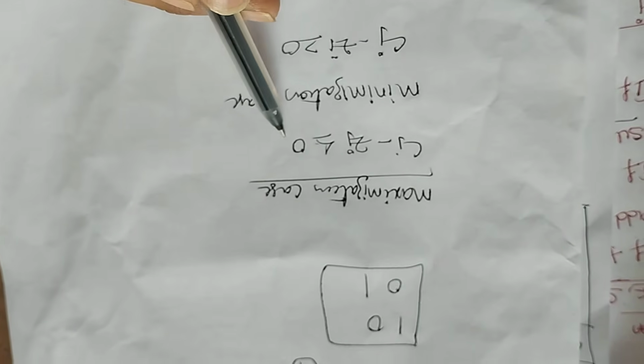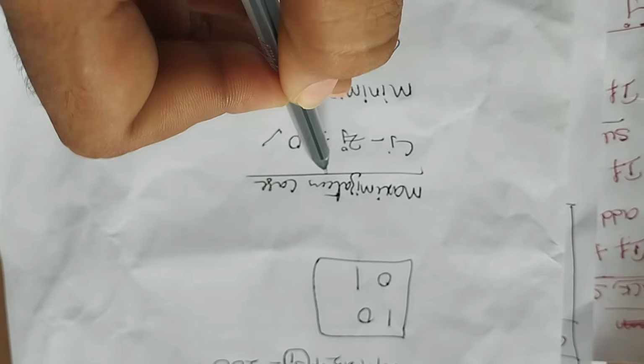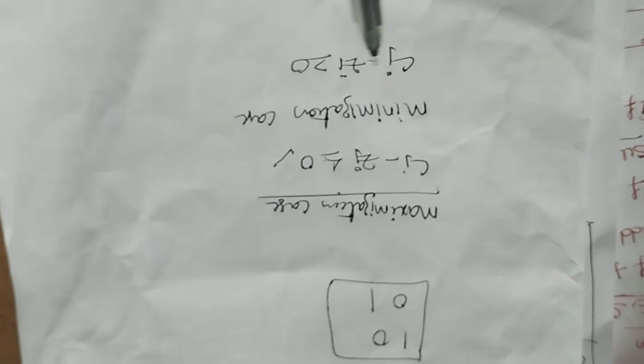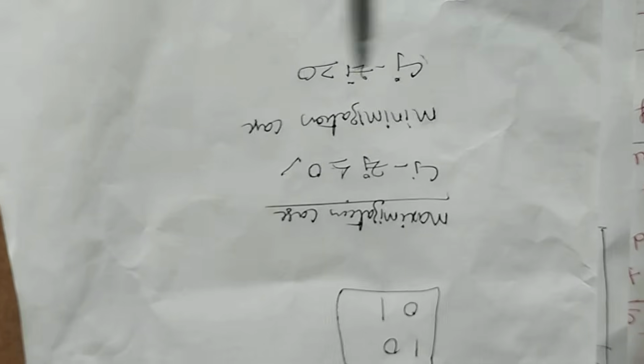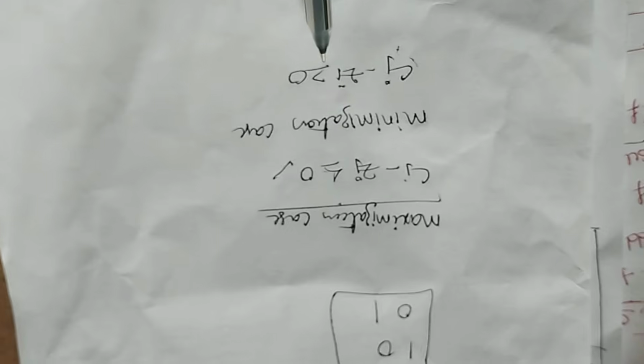Until we get Cj minus Zj less than or equal to 0 in the maximization case, we need to continue the process. Similarly in the minimization case, to get the optimal solution, the final Cj minus Zj should be greater than or equal to 0.